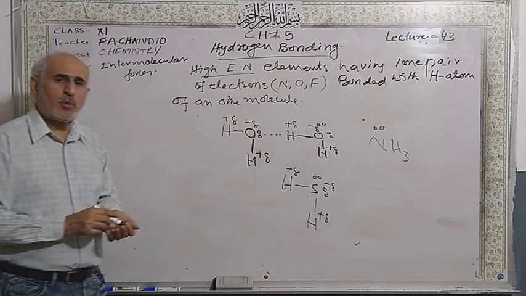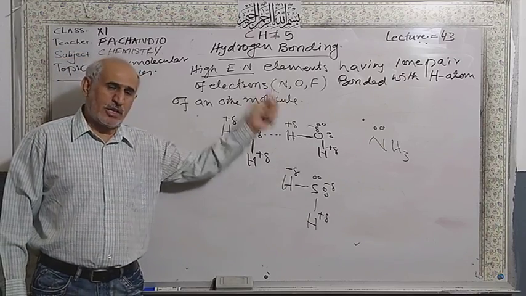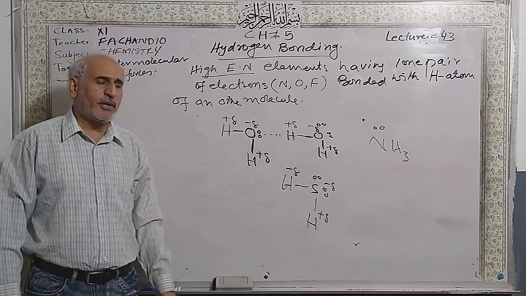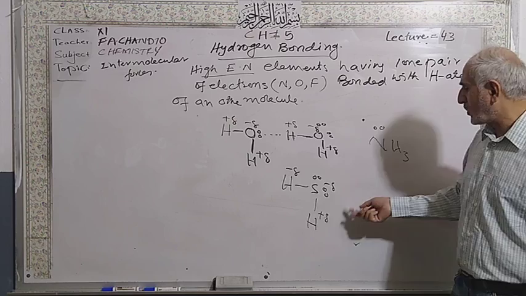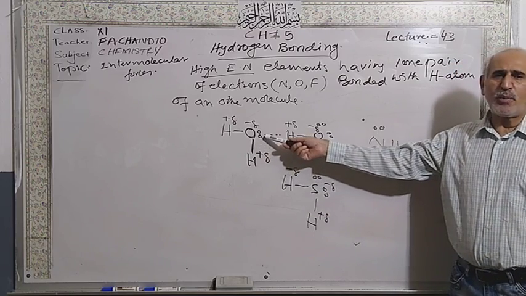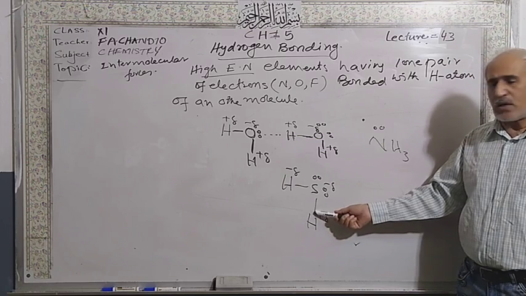Sulfur and oxygen both belong to the same group, atomic number 8 and atomic number 16. Sulfur is the second element of group 6 going down the group. Both have lone pair electrons, but the hydrogen bond in water is much stronger than that of hydrogen sulfide.